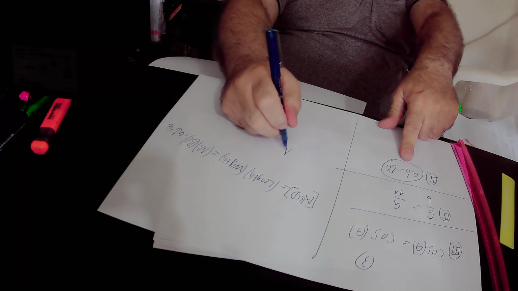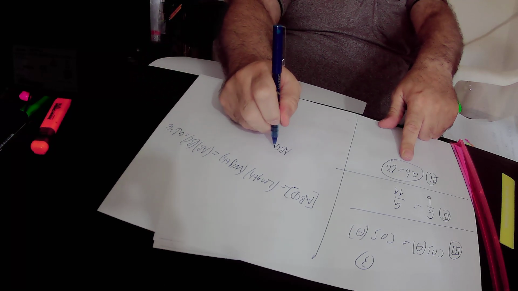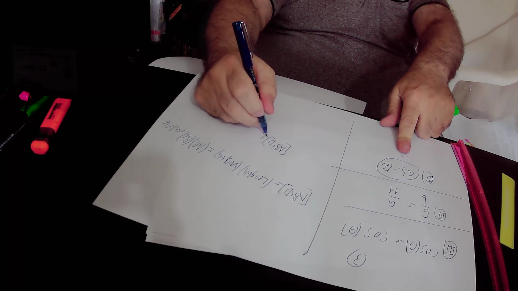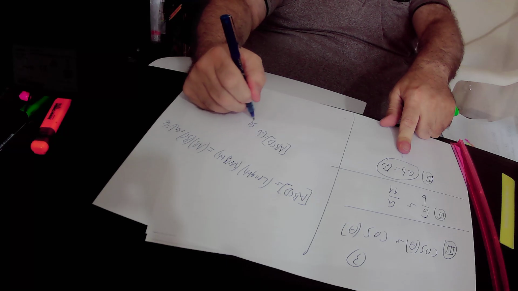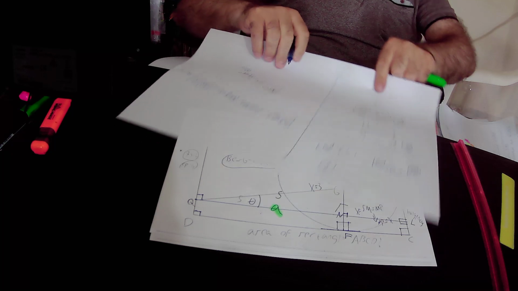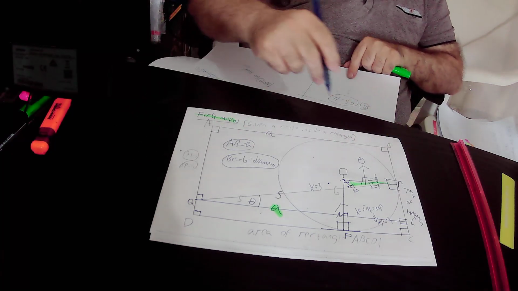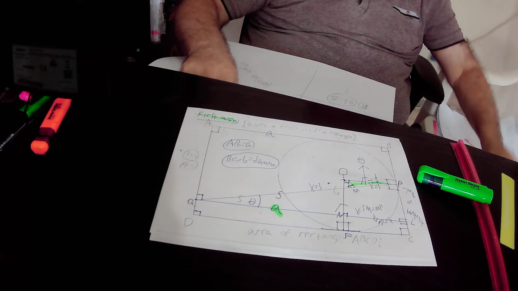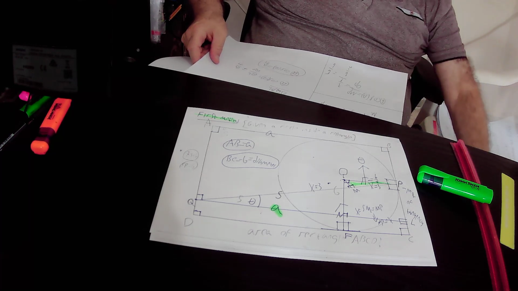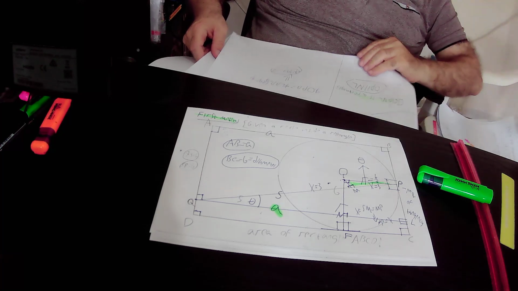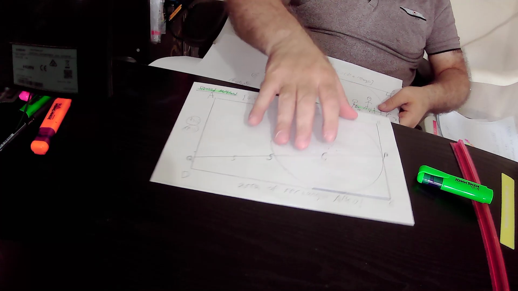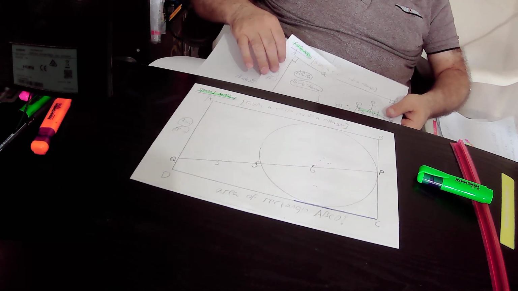So in conclusion, we found out that the area of rectangle ABCD equals 66 square units. Okay, the area of this rectangle ABCD equals 66 square units. We finished with the first method. In the next step, I will present to you the second method to find out the area of this rectangle ABCD.